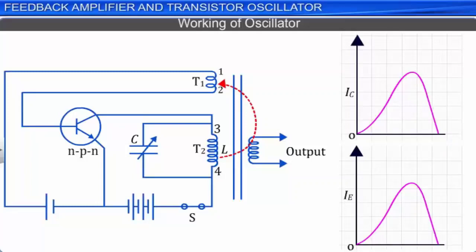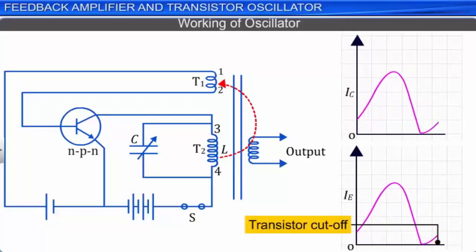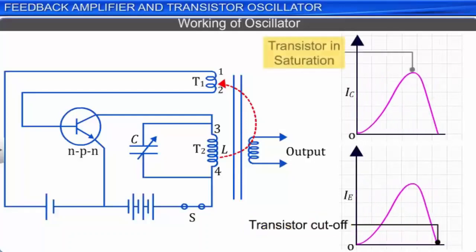At this stage, the transistor is back to the cutoff state. From the cutoff state, the transistor moves to saturation state and back. The cycle continues, giving rise to an AC output.